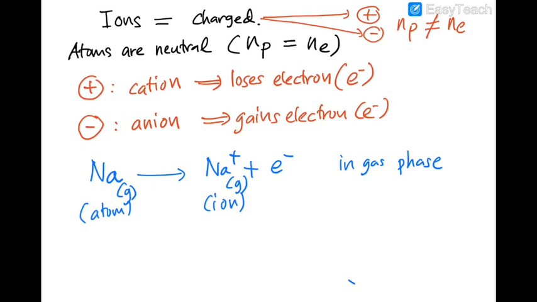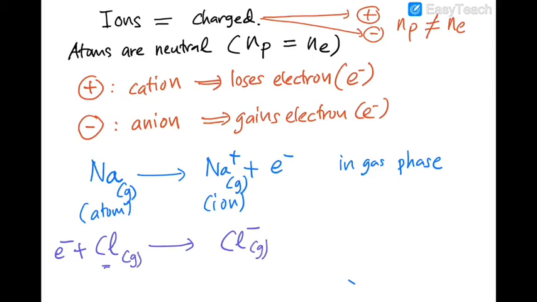On the other hand, we can also have, for instance, Cl. This can become Cl minus, but in this case, of course, this atom will gain an electron. So you write the electron not on this side, but on the other side. Also in the gas phase.